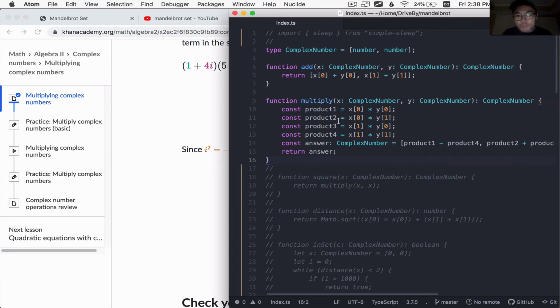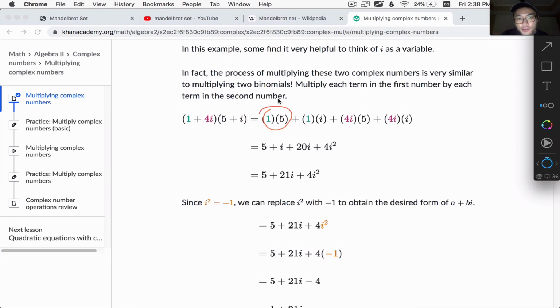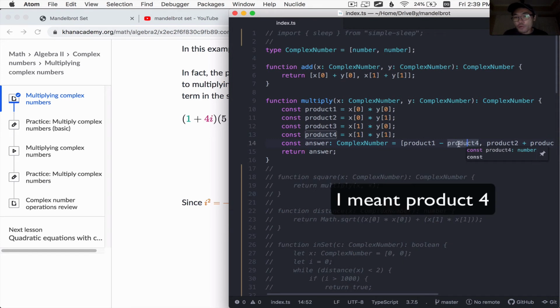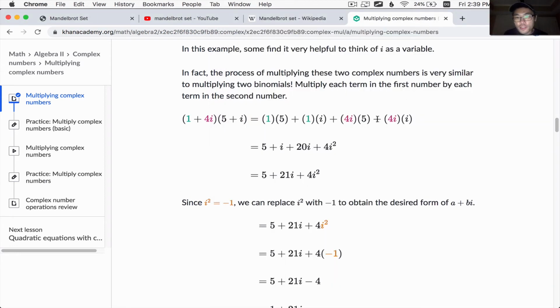So basically I encoded that equation into my code. So we get product 1, product 2, product 3, product 4. Those correspond to these guys. So this is product 1, 2, 3, 4. And then I said, well, because I'm gonna flip the sign of product 2 and throw away the i, I can just take product 1 and subtract it by the product 4, which is what ends up happening.